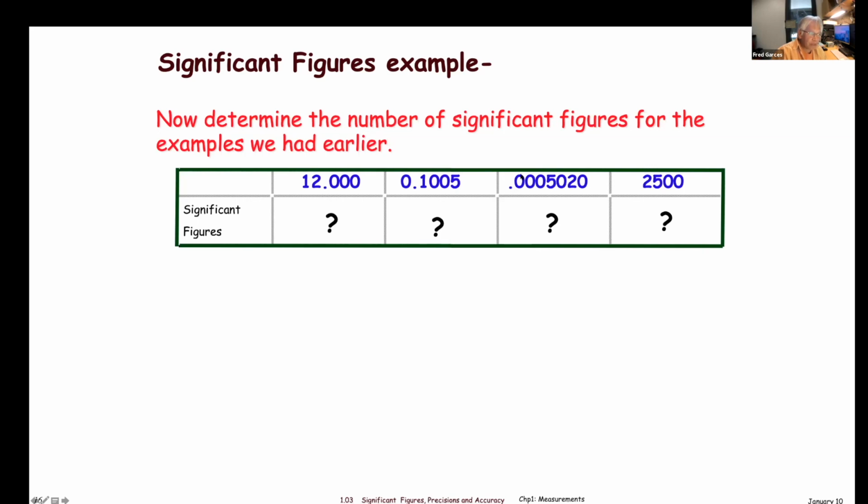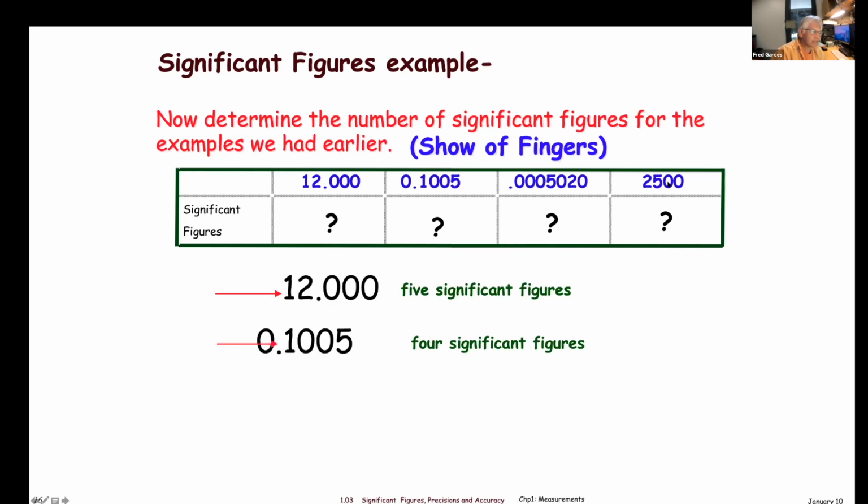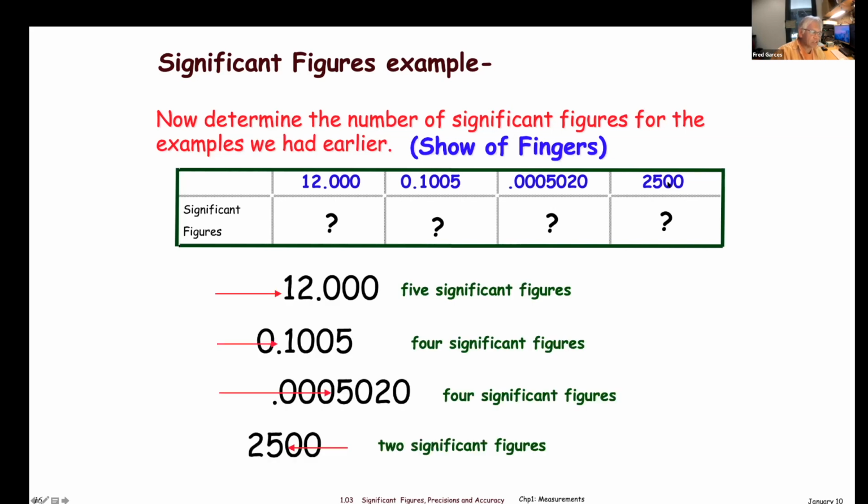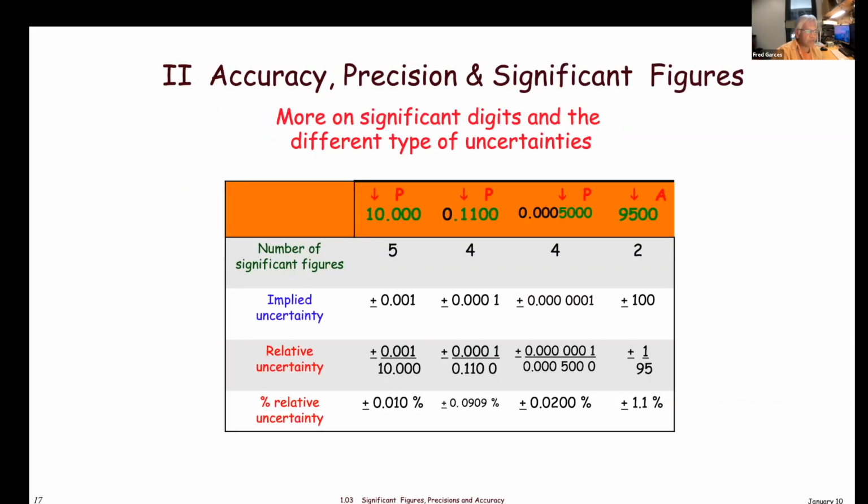You draw a line from the left, the Pacific, to 5, the first non-zero number: 4 significant figures. This number does not have any decimal. You draw a line from the Atlantic, and the 5 and the 2 are significant. So you see how that is easily figured out just by remembering this weird analogy. So that's basically it.